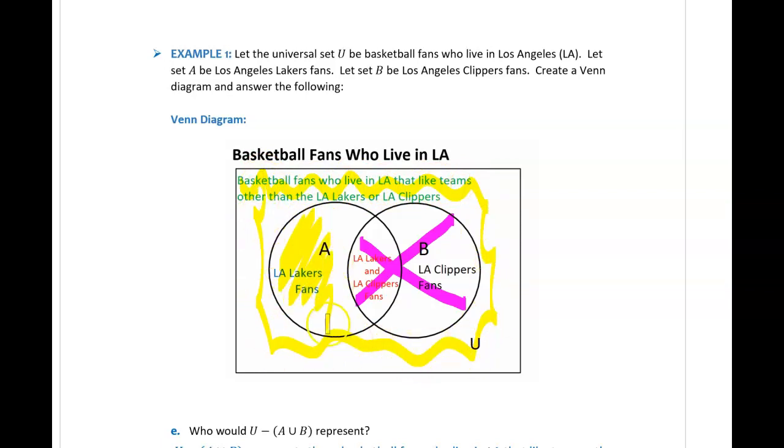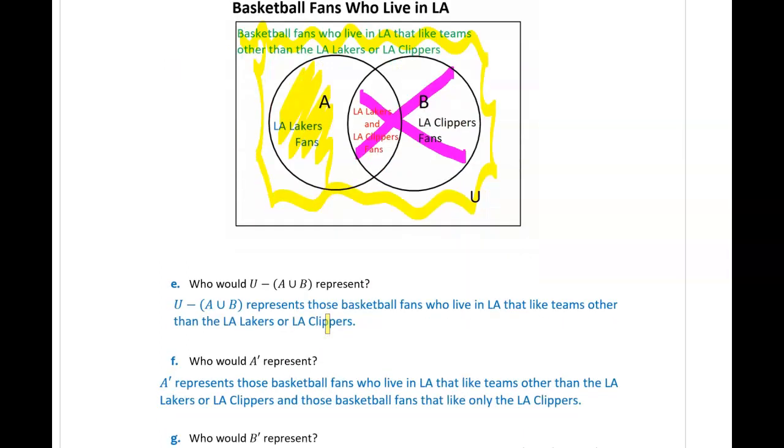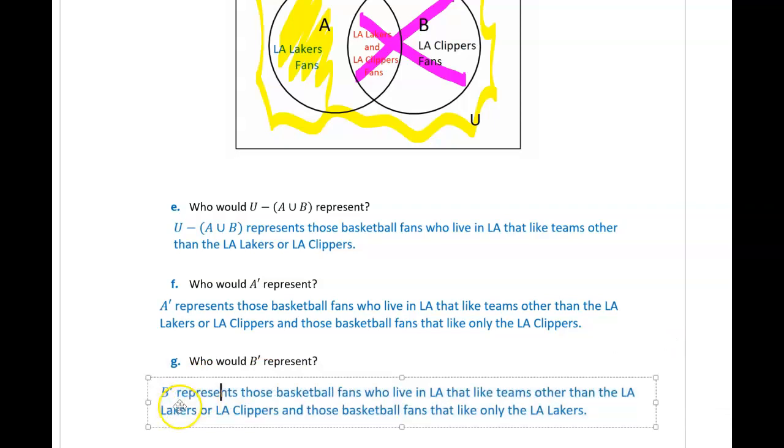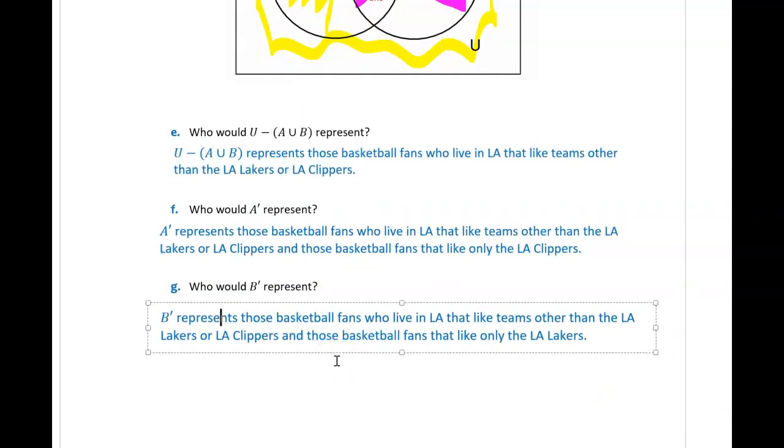Those are the fans that live in LA that like teams other than the Lakers or the Clippers, and those fans that like only the LA Lakers. So B complement or B prime represents those basketball fans who live in LA that like teams other than the LA Lakers or the LA Clippers, and those basketball fans that like only the LA Lakers. This concludes example 1.